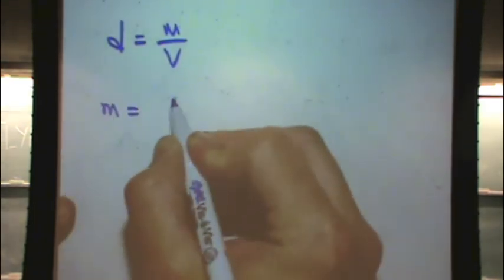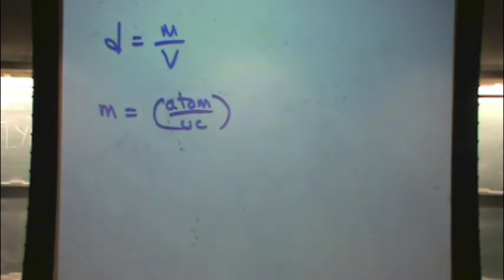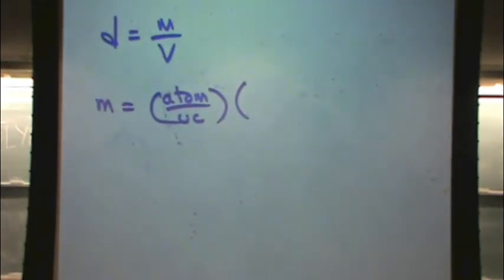Assuming you know that, this is how a problem would work. You would say, well, density is mass over volume. Mass is going to be the atoms per unit cell, which is a number you should know. It's the first column there. You'd want to convert this to grams.